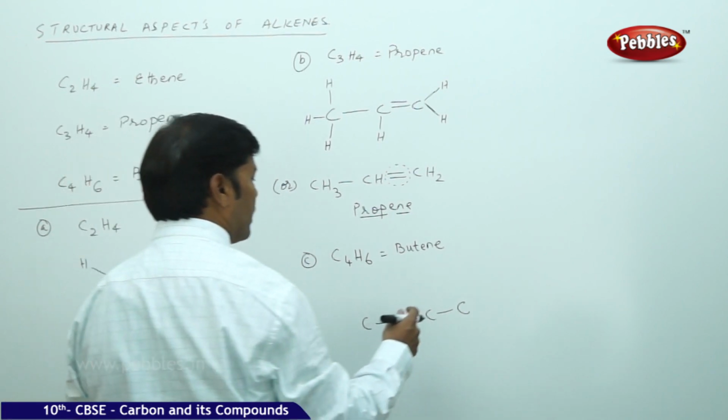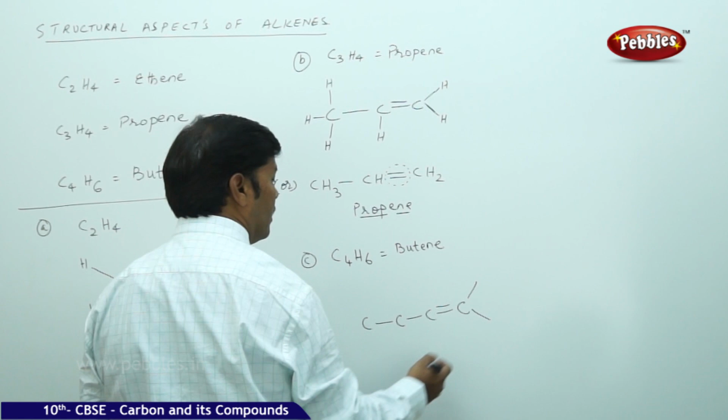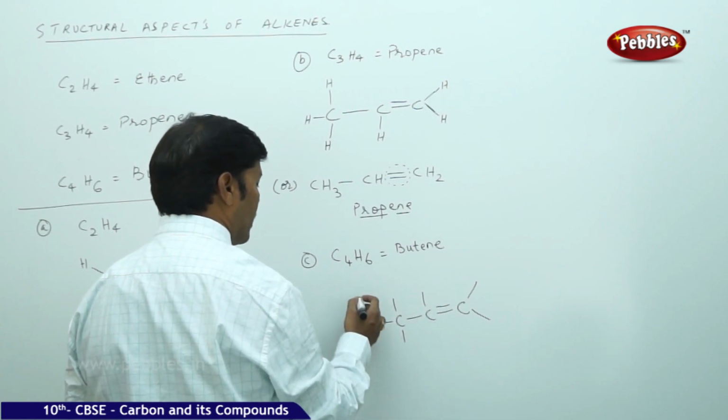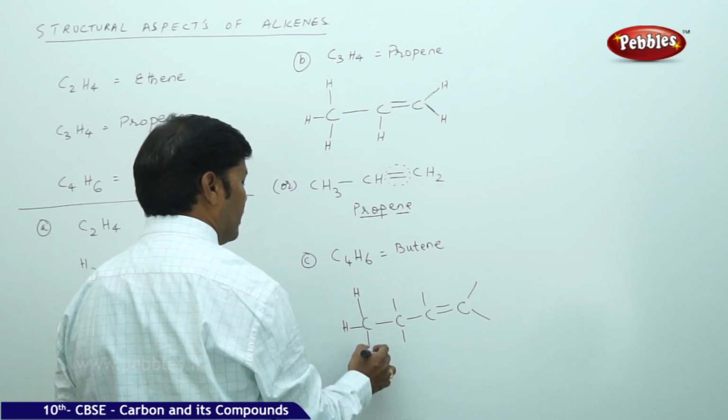You can create a double bond between the first two carbons, and place 2 bonds here, attach 1 bond here, attach 2 bonds here, and attach 3 bonds here, and satisfy the tetravalencies.